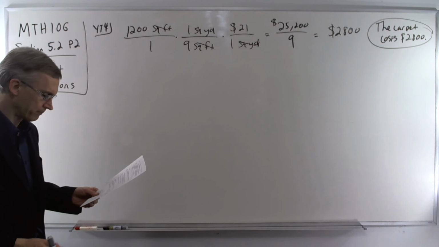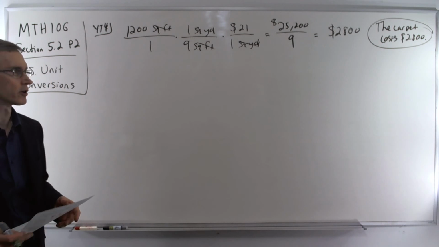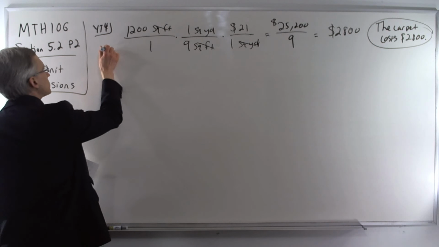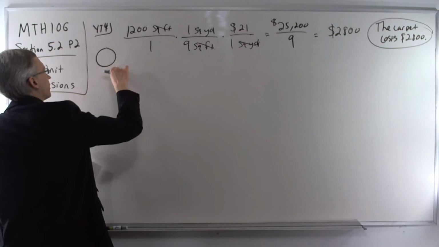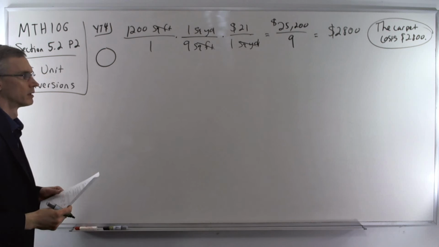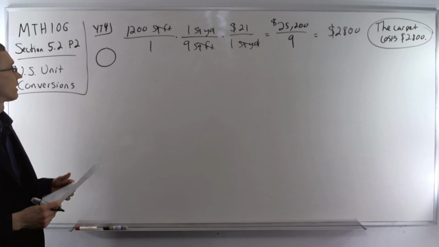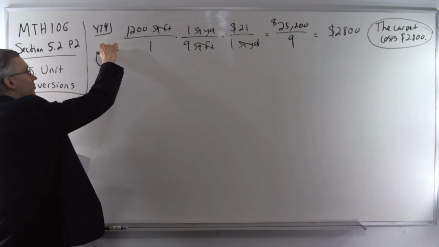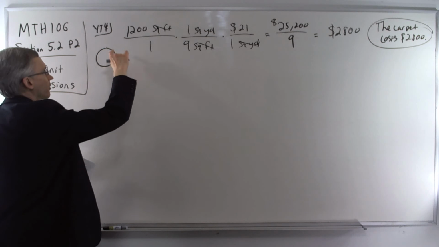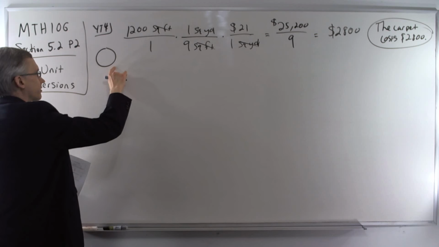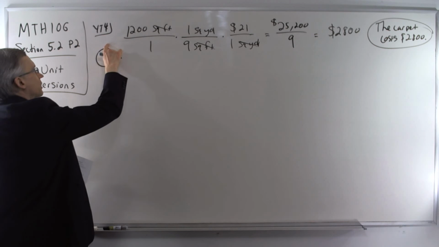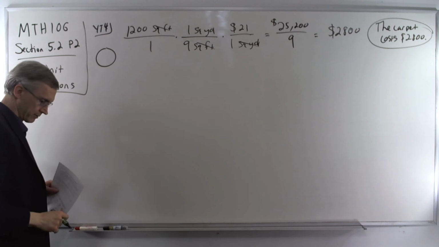All right, next example. The circumference of a circle is the distance around. Now with an automobile tire, that means one revolution of the tire as the car goes forward means the car travels exactly the circumference of the tire.